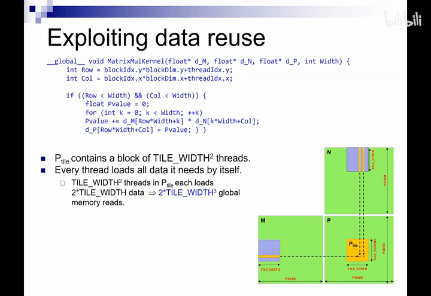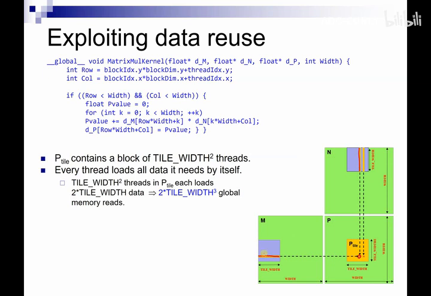Now if you do matrix multiplication in the naive way, which is what I'm showing you above, then if you look at a thread in this thread block, in order to compute its value, it's going to have to read a bunch of values from M. It actually has to read the whole row, but at least it has to read the first part of this row, and it also has to read the first part of this column.